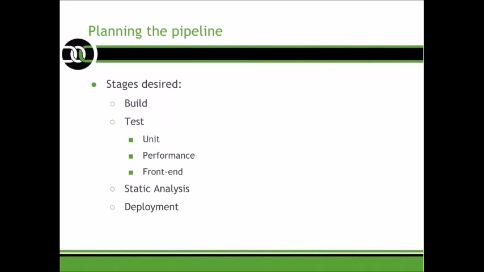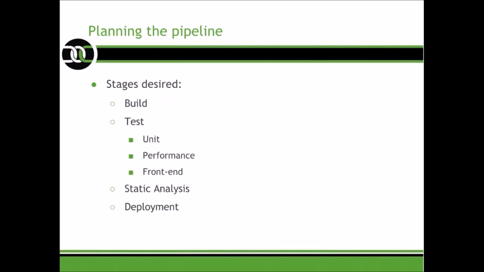Then we're going to need to do some tests, probably some unit tests, performance tests, front-end web testing of some type, and then probably also a static analysis phase where we can look at code coverage or make sure that all the formatting is correct. And then finally, deployment.